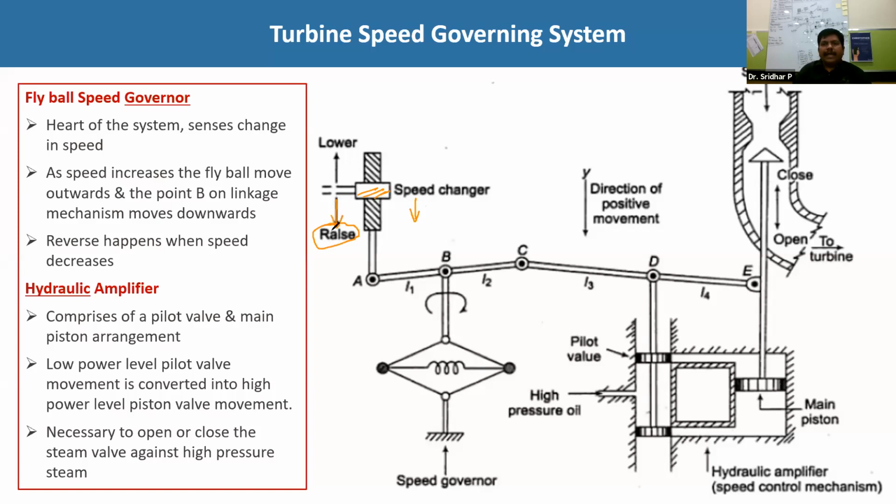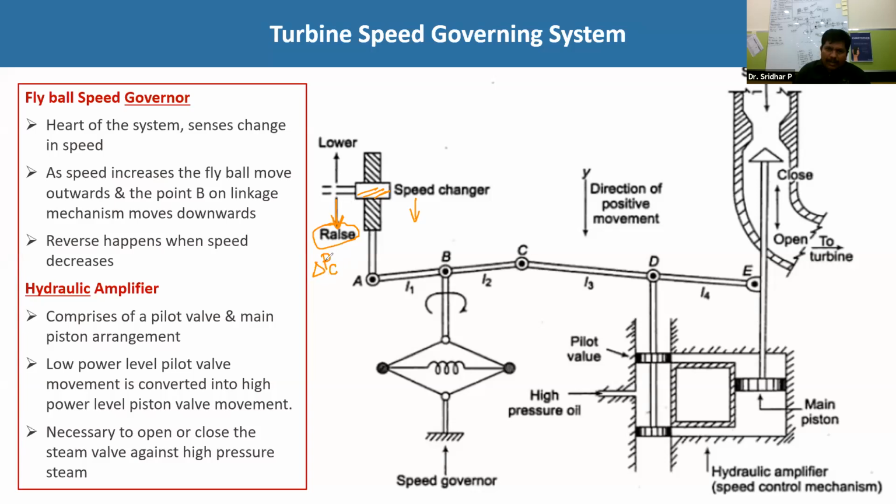The speed will be increased. Once this raise command is given, by how much? Let us assume only incremental variations. The command is the real power command in the speed changer, so delta PC is the incremental command given to raise the speed.